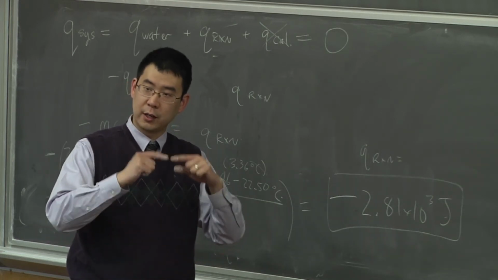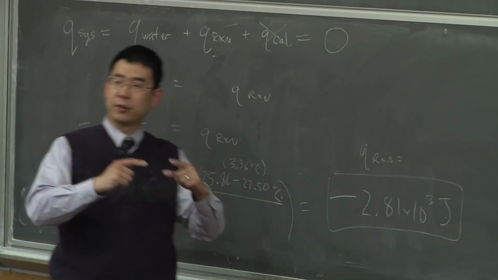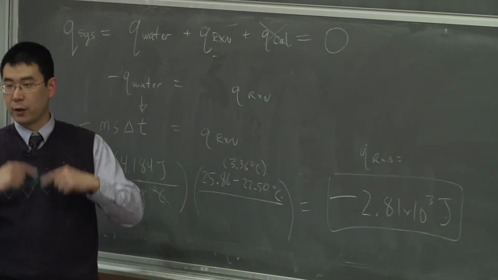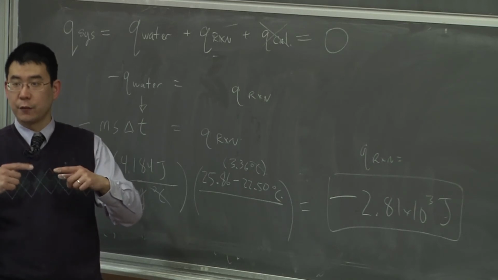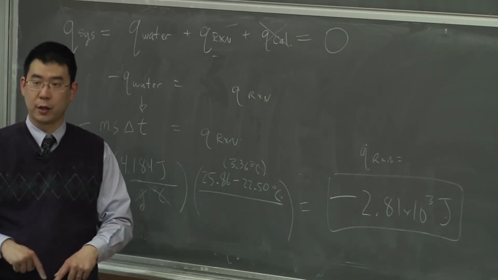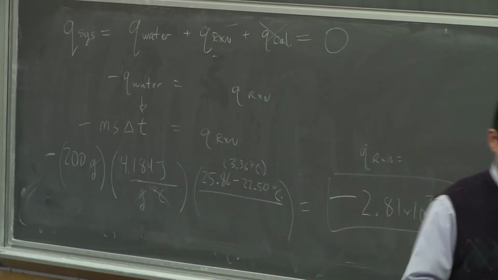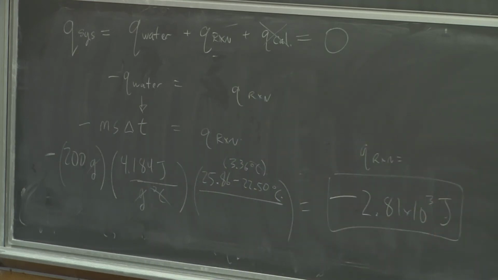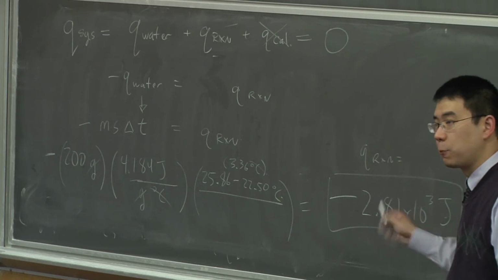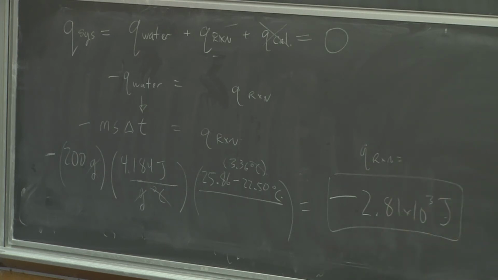So the water is gaining heat. If the water is gaining heat, it's gaining it from where? It's gaining it from the reaction. So the reaction itself is giving off heat. So it's negative. So Q of the reaction is negative. So remember, like 2 or 3 weeks ago, before spring break, I said the sign is going to be important, right? The sign means not just positive, it means something about directionality.